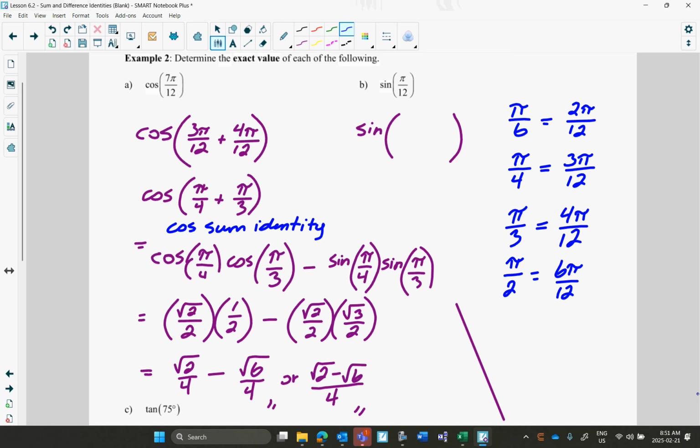There's actually two choices. I could take these ones and subtract them, or I could take these ones and subtract them. Doesn't matter which one, it's going to give you the same answer. So let's do these two.